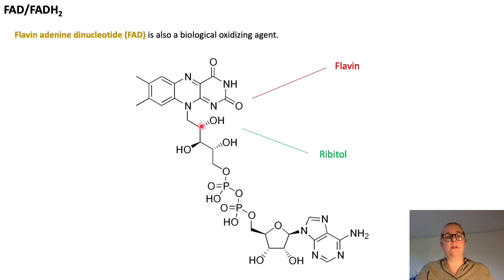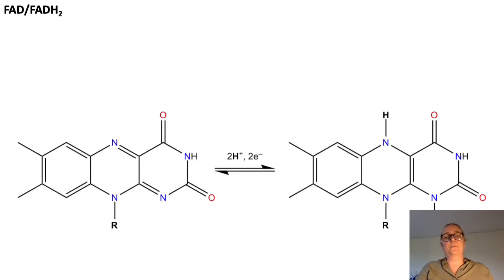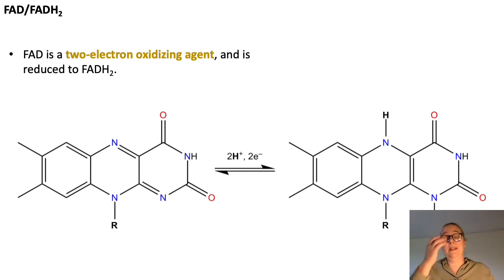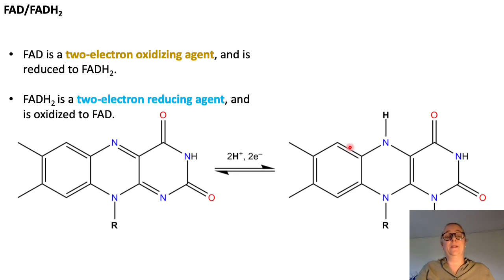We also have a ribitol part, and this part here constitutes the riboflavin part. FAD is also a 2 electron oxidizing agent and is reduced from FAD to FADH2, and the FADH2 is a 2-electron reducing agent, and this can be oxidized to FAD.